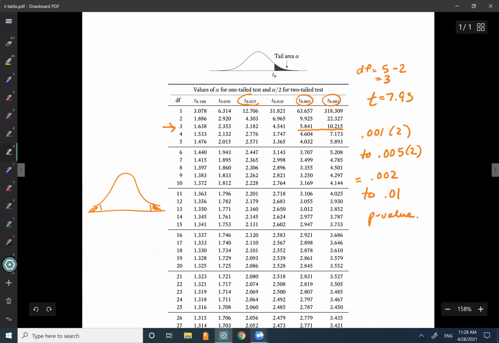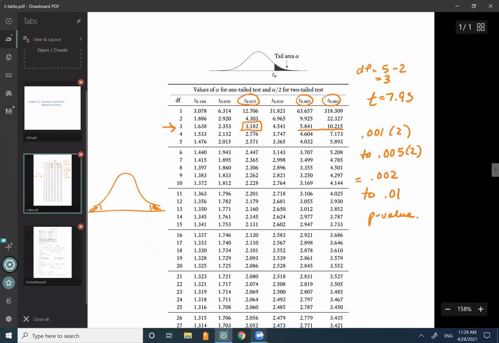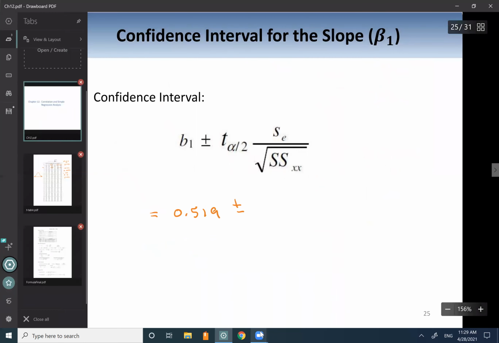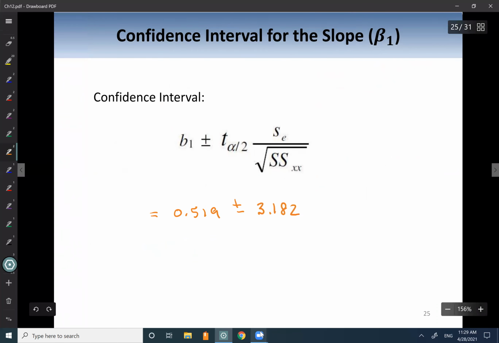And it's going to be a two-sided, we're going to construct a 95% confidence interval. So we'll use that value there, 3.182. So we'll come back, 3.182, that's our value. And then we will plug in the standard error of the estimate for the model, divided by the square root of 4480. Remember that all together is the standard error for the slope coefficient.